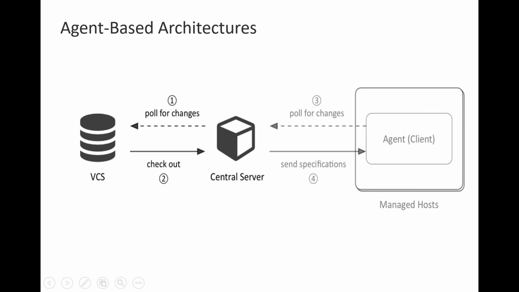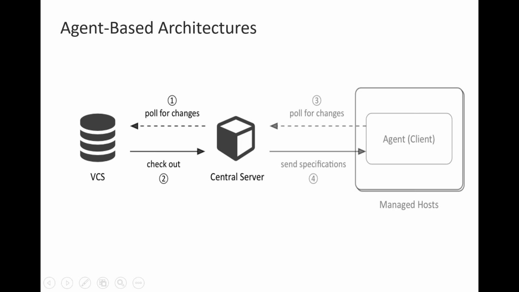The activity is on the client machine. The target nodes, the 20 systems where the change is required, are called agents or clients. So we have one change, which is first pulled to the central system, and from there it could be pushed, but in agent-based architecture it doesn't push it.